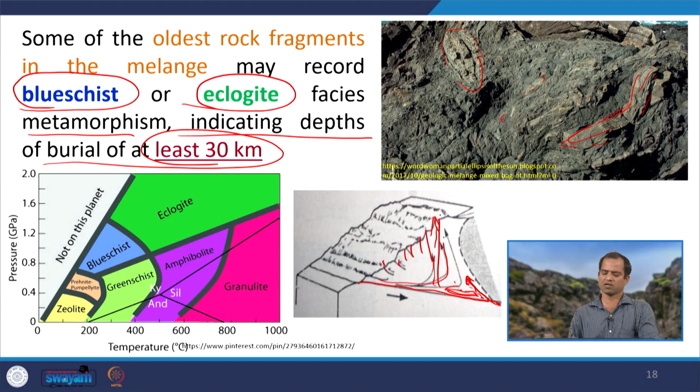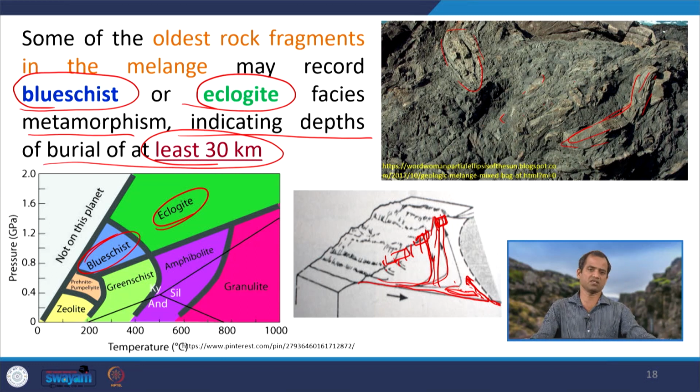The high grade metamorphic rock is exposed at topographically higher levels, and the lower grade metamorphic rock at topographically lower levels. That is called inverse metamorphism. These eclogite and blueschist facies rocks, plentifully available in the melange, indicate that the rock has undergone burial up to at least 30 kilometers and has been exhumed.